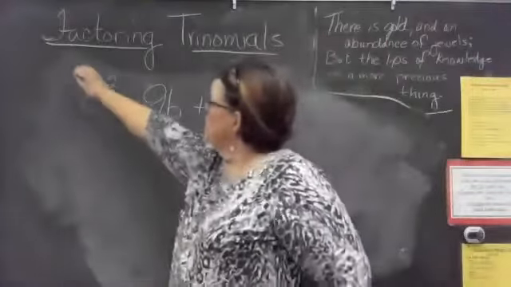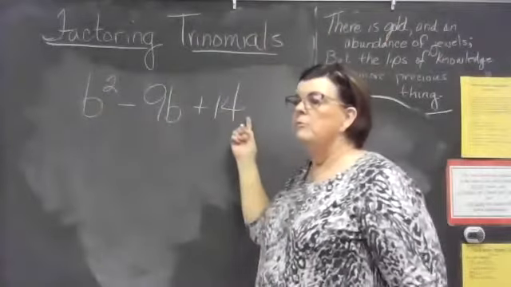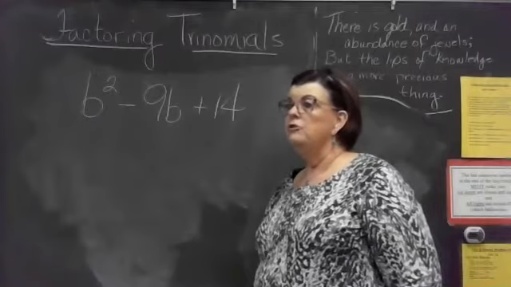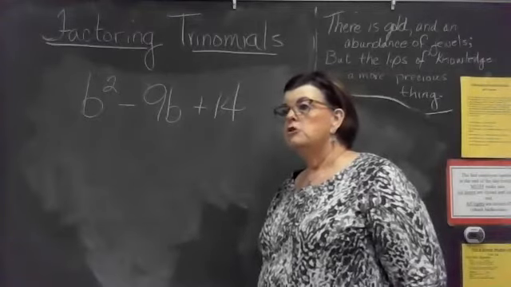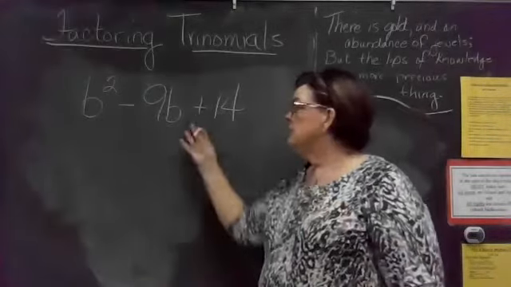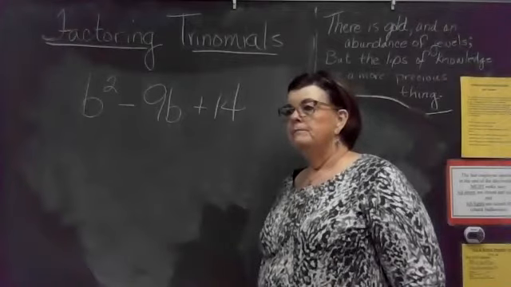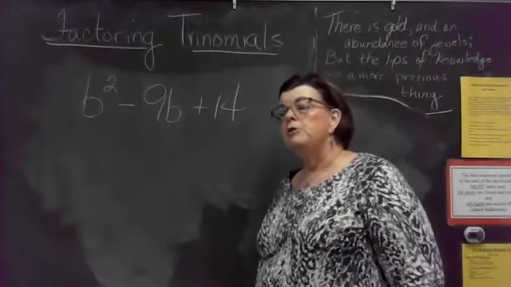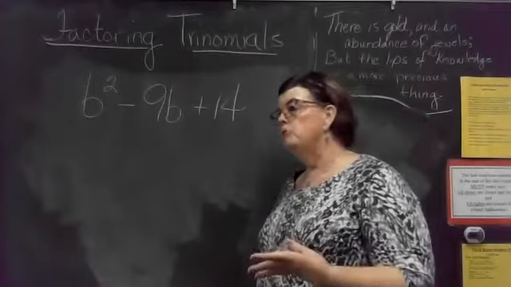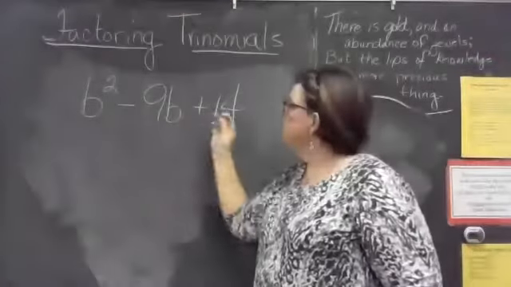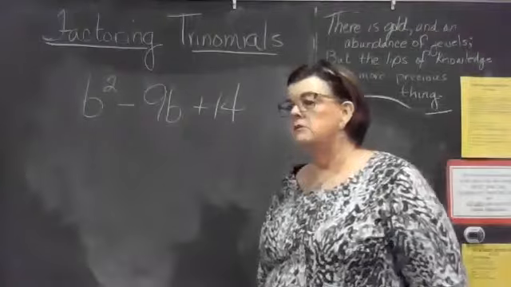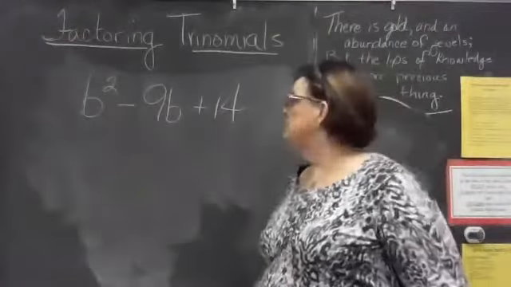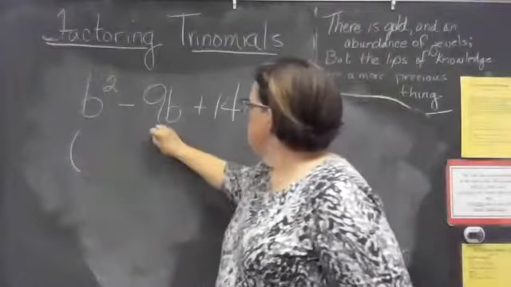If there is a 1 here and no variable, probably no greatest common factor. Step number 2, look for specials. Specials have 2 terms. This can't be a special. Step number 3 says look for a grouping, but grouping has to have 4 terms or more. This has 3 terms, so there's no grouping in this. We'll do those after the holiday. So our step number 4 says to factor into 2 parentheses.